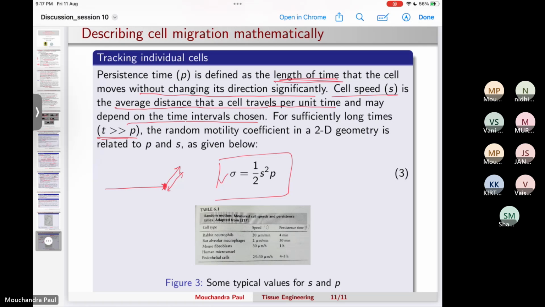So if someone asks you how the cell is migrating within the scaffold that you have made, this is a very fundamental question: whether there is enough space for the cell to move. Then you can use these cell migration calculations and expressions, and use analysis and tracking to see how the cell is moving around or within the scaffold. So these are fundamental things. Okay. Got it, ma'am.